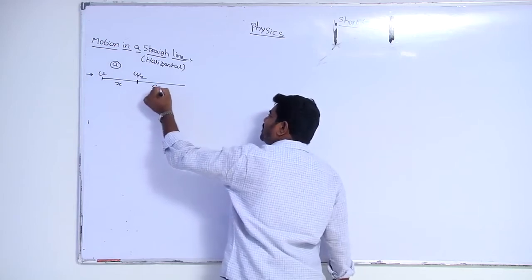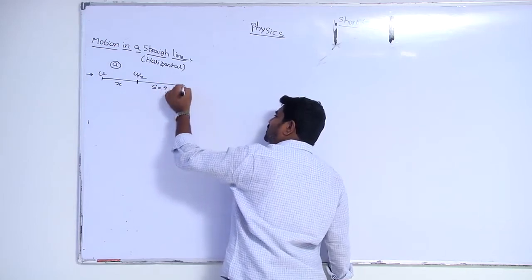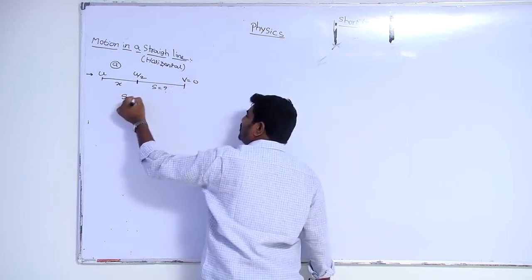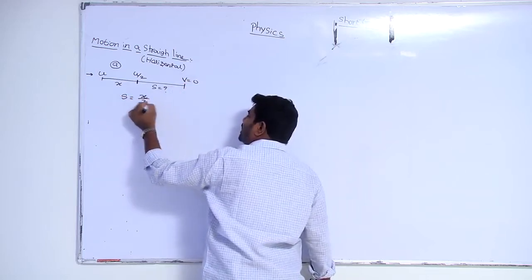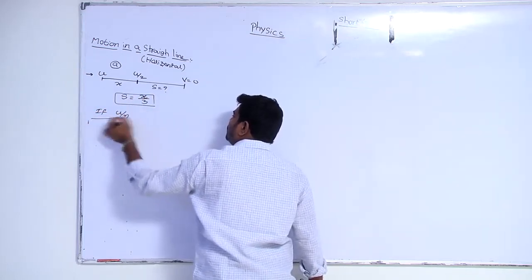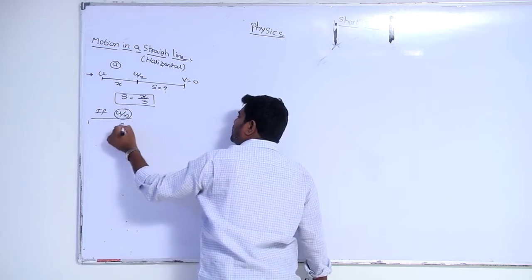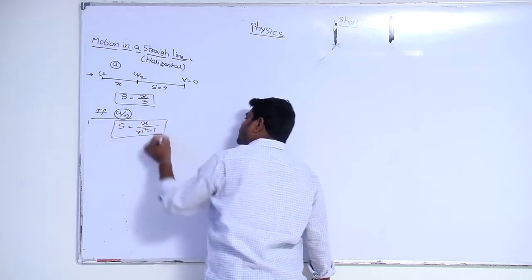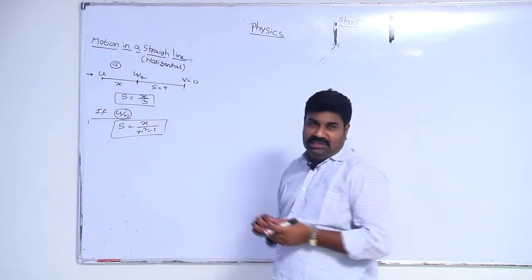Then what is the further distance traveled before coming to rest? S is equal to x by 3. If it becomes u by n, then S is equal to x by n square minus 1. In yesterday's class we completed this application.